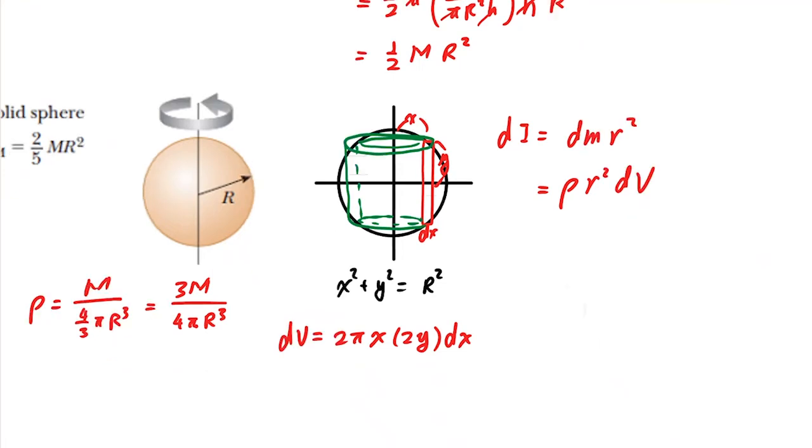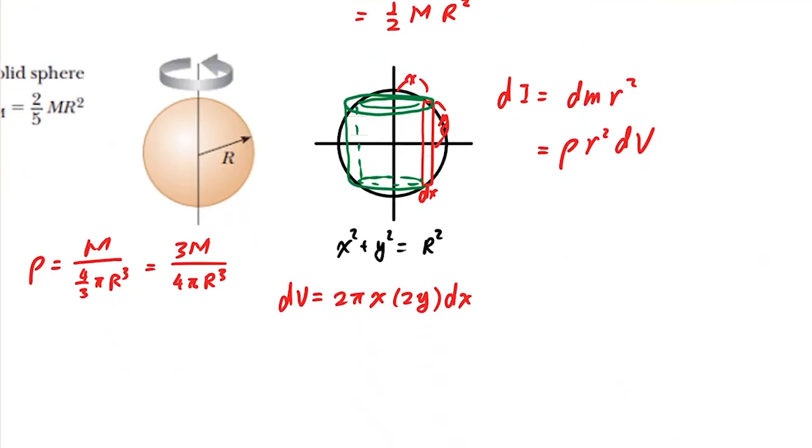Good. I don't have to draw the rectangles again, right? Then we have 2 pi x, well, 4 pi x, and then what's y? Y is this thing. So square root of, you see why I wanted to do this separately. That's my dv.